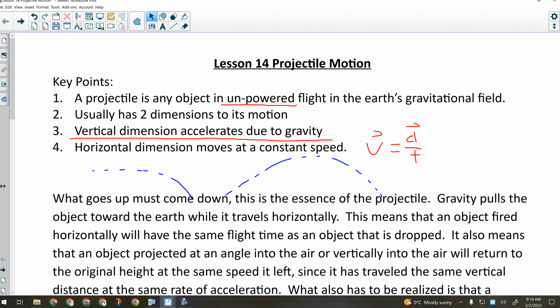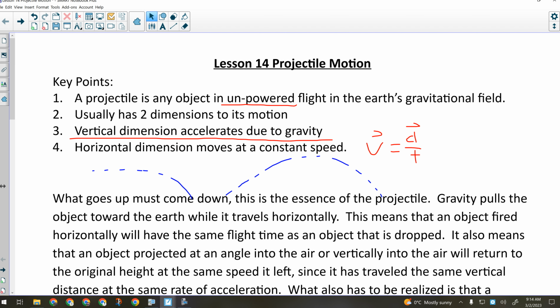Wind and drop are the two biggest ones. We talked about this when we talked about that rifle question back in the acceleration lesson. We have to correct for the fact that a bullet is going to drop. The day we talked about that question, we figured out that over a distance of like 3.5 kilometers, the thing was going to drop like 70 some meters from its original height.